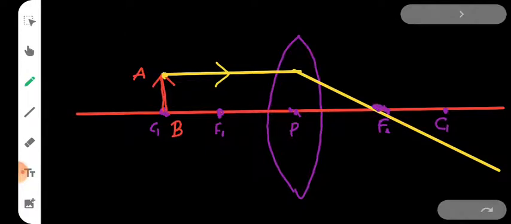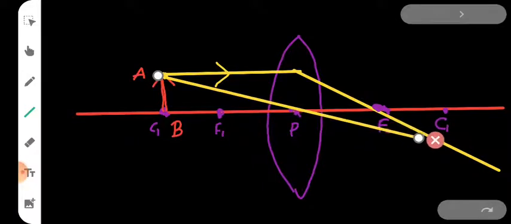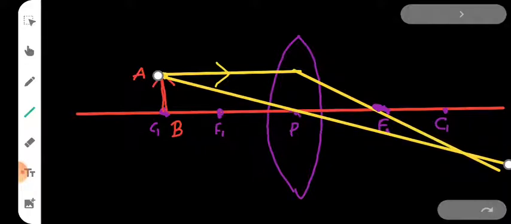All right. So which ray would you consider as the second ray? For the second ray, I would again consider a ray which is going through the pole. So it's coming from A, it's going to the pole, and there it goes.